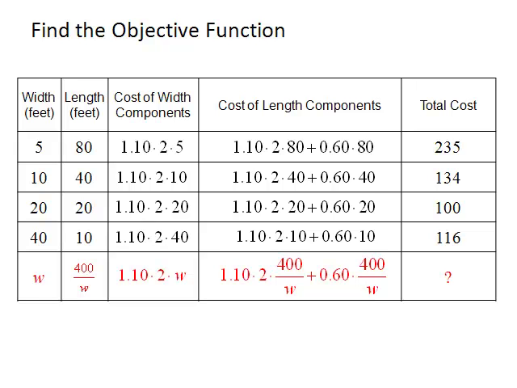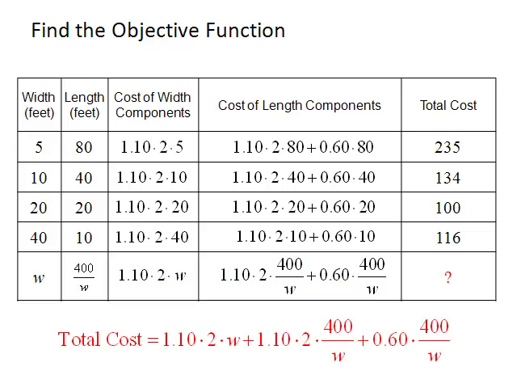Examining the columns, we see that we can write the length in terms of the width W as 400 divided by W. The cost of the width components is 1.10 times 2 times W. The cost of the length components is 1.10 times 2 times 400 over W plus 0.60 times 400 over W. If we add the expressions for the width components and the length components, we get the objective function.